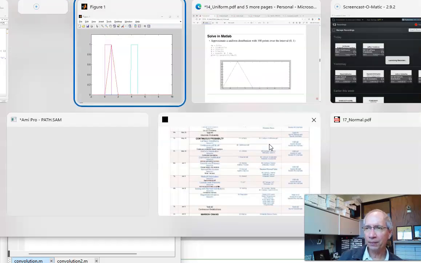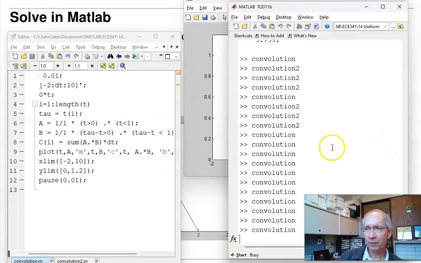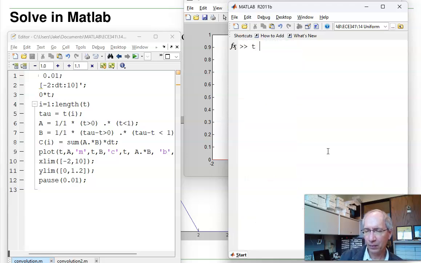An easier way, by MATLAB: your sampling rate, your dt is 0.01. T goes from 0 dt to 2. A is 1 times t greater than 0.